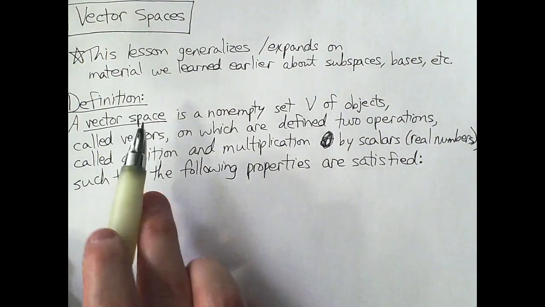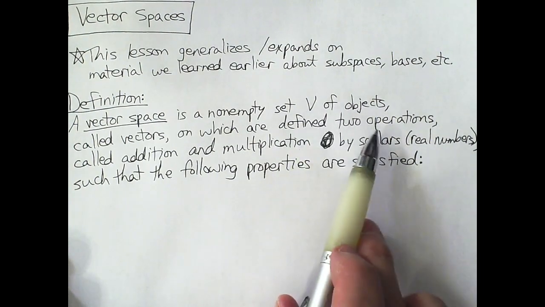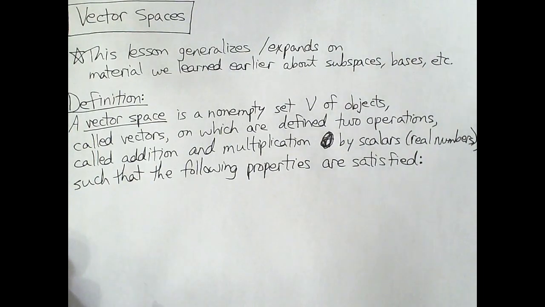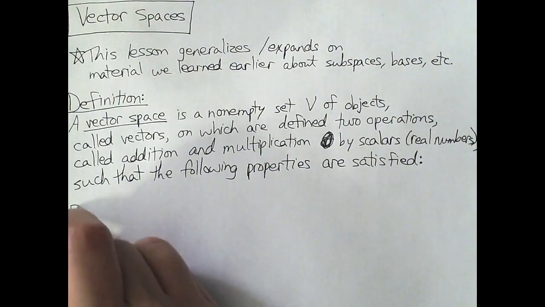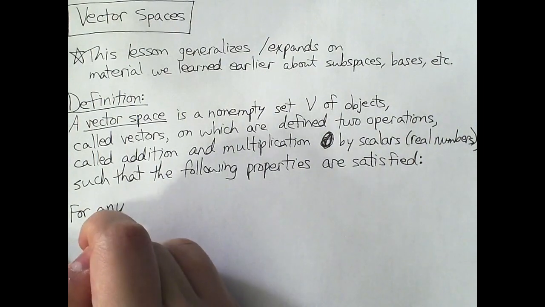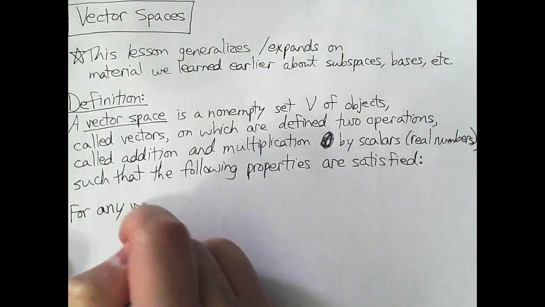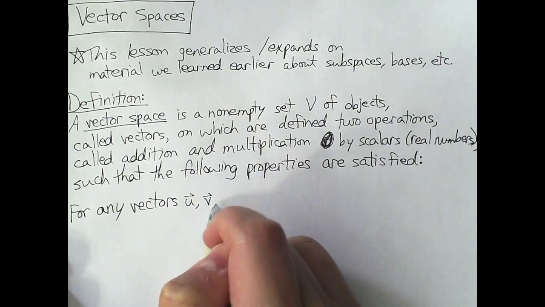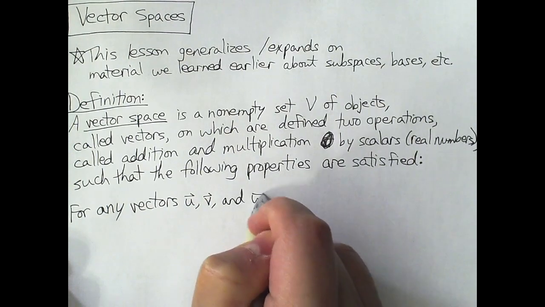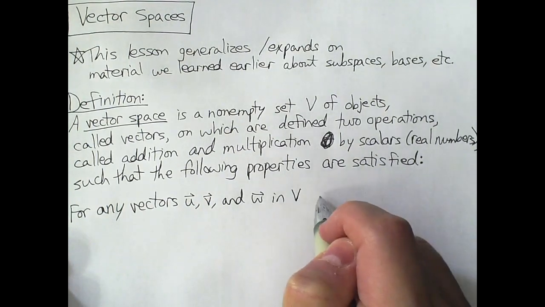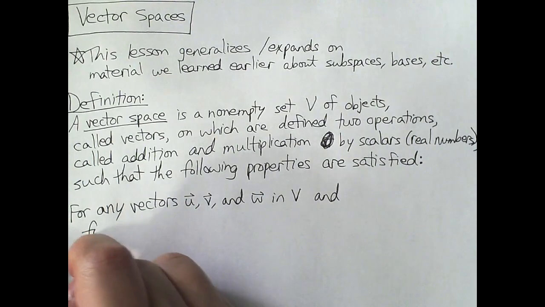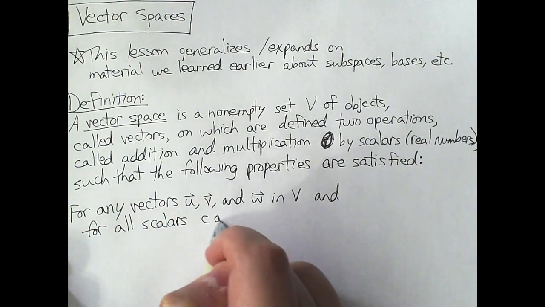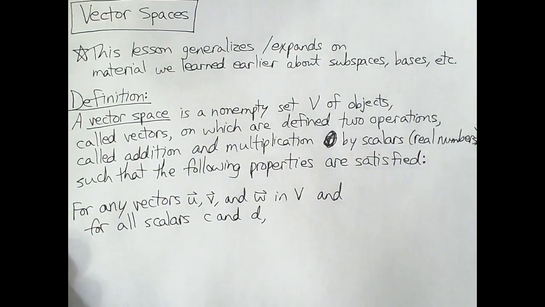So it's going to be a certain type of set with two operations defined on it that satisfy some properties. For any vectors u, v, and w in V, and for all scalars c and d, we need a list of properties.